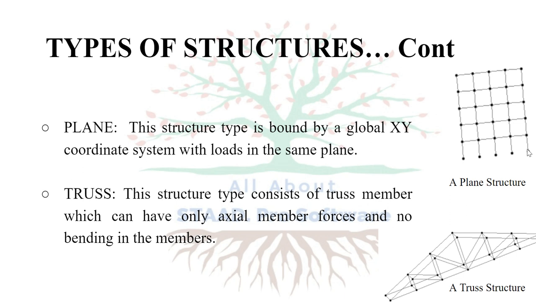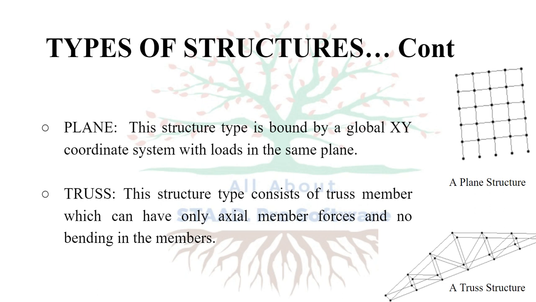Next one is plane. The structure type is bound by a global XY coordinate system with loads in the same plane. Here there is no width. If a structure or element does not have a width or z-axis, we can analyze that structure in a plane model. Next one is truss.